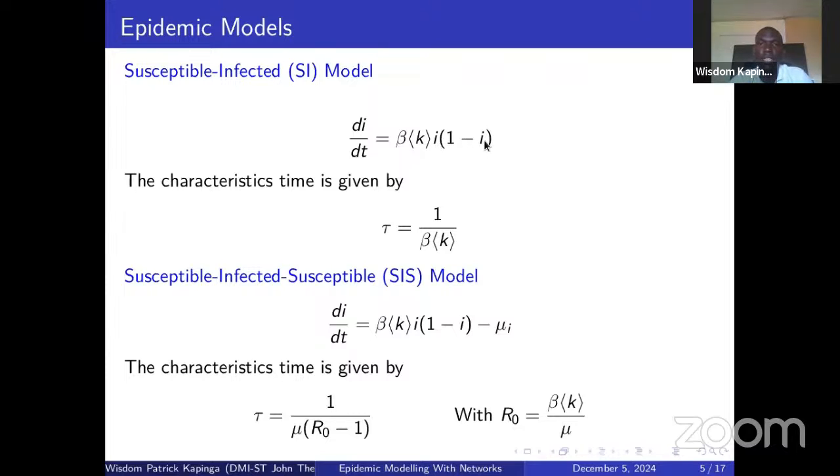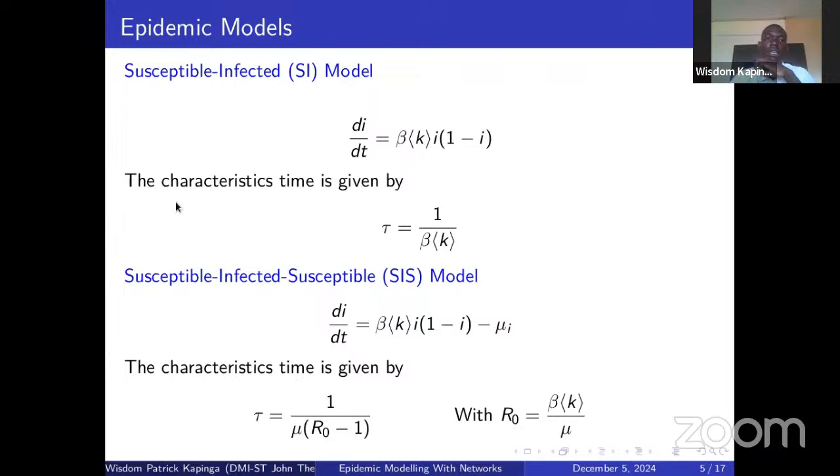And the 1 minus I now represents the proportion of the whole population of people who are not infected. Because here we're saying I is the proportion who got infected, and if we subtract from 1, then we're remaining with people who are not infected, but maybe these people are now susceptible or in danger of getting infected.